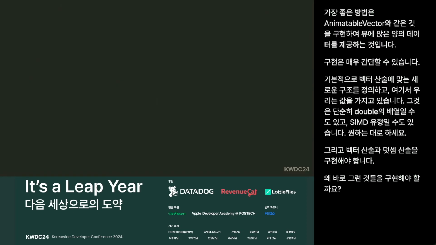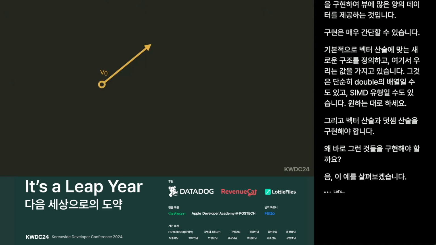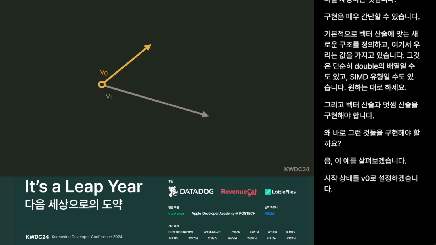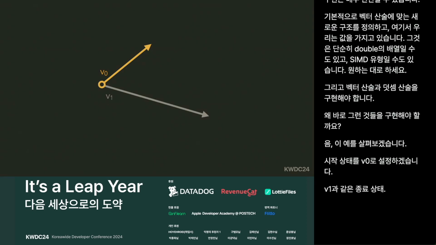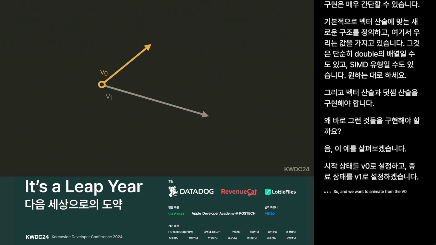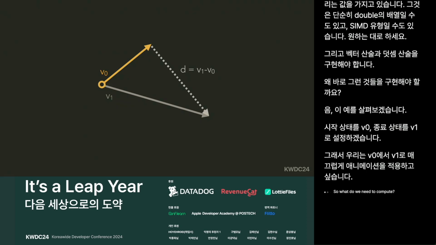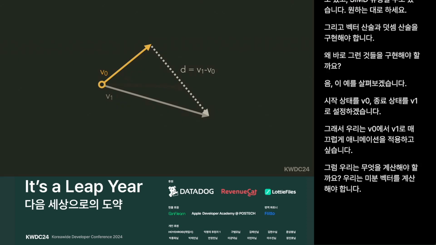Well, let's see at this example. Let's set our starting state as V0 and ending state as V1. So, we want to animate from V0 to V1 smoothly. So what do we need to compute? We need to compute a differential vector, which is the subtraction.